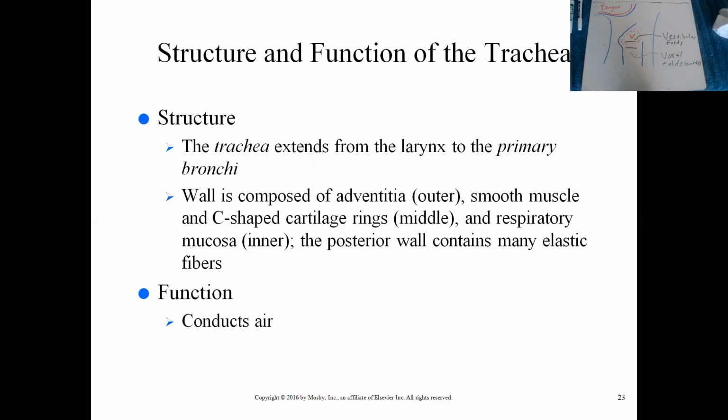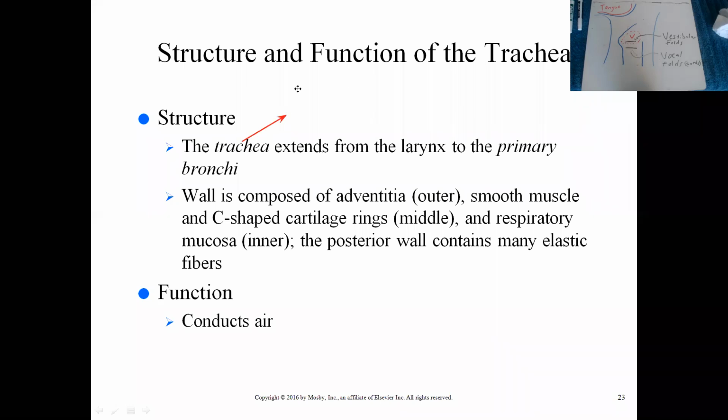Now going into the lower respiratory tract, the trachea. So your trachea, that is the same thing as your windpipe. It's in, as we discussed, the front of your, well, technically it starts in the neck, but goes into the thorax along the front.